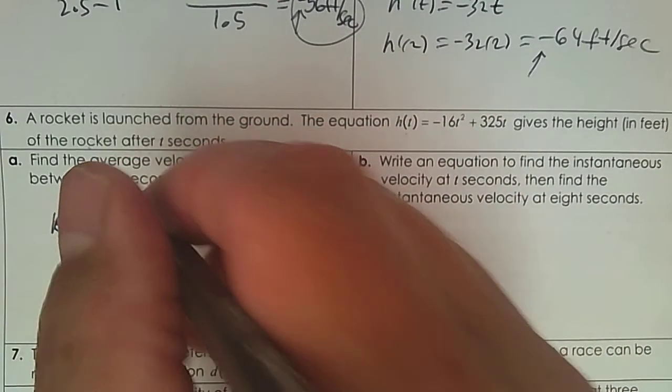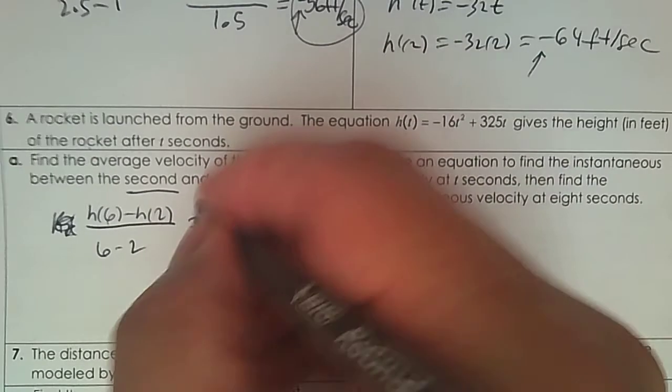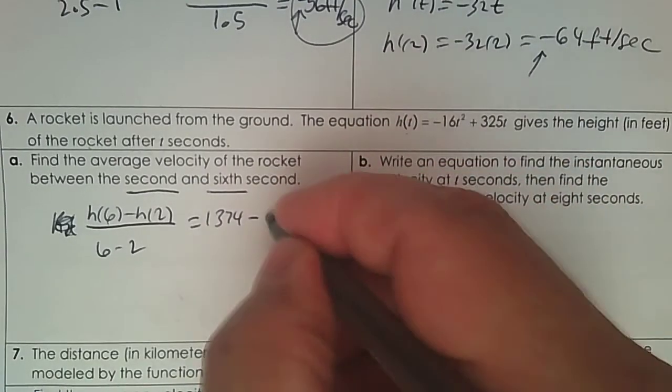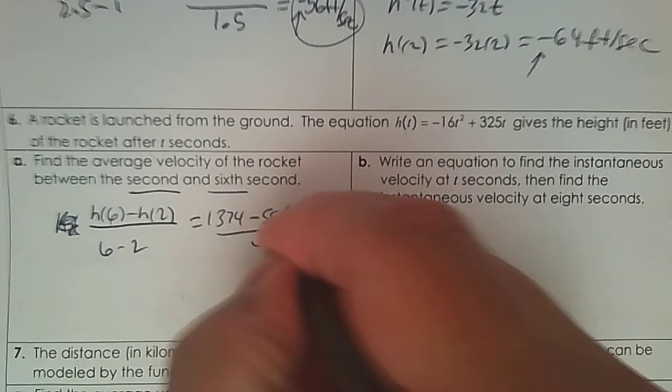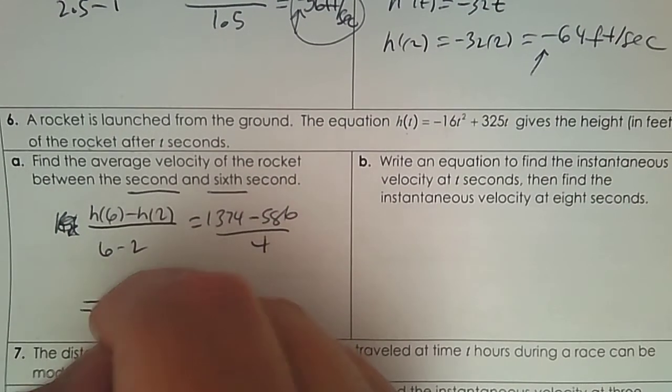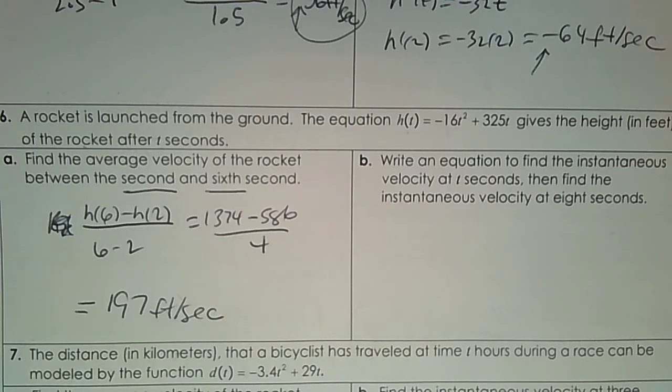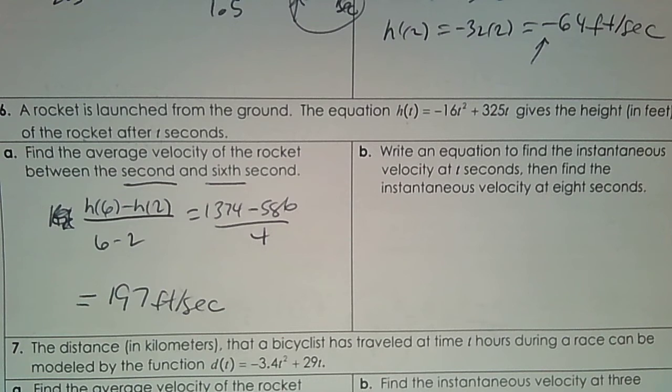If you plug in 6, you get 1,374. Plug in 2, you get 586, divided by 4. Altogether, that's 197. And what are the units for the rocket? Feet per second. On average, that's the rocket's velocity, 197 feet per second between 2 seconds and 6 seconds.